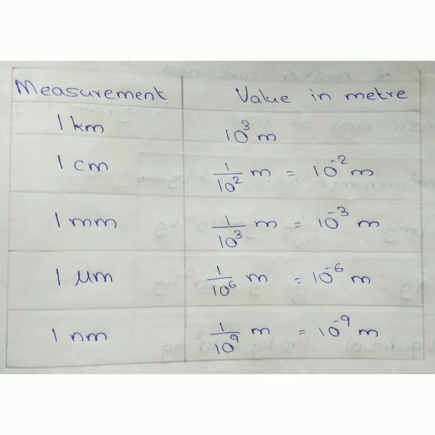For example, if we have to convert a value in micrometer to meter, we just have to multiply that value with 10 raised to minus 6. And if we have to convert a value from meter to micrometer, we have to multiply it with 10 raised to 6. Now let's see some of the units which are used to measure the distance to planets or stars.